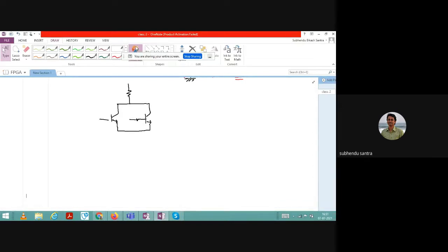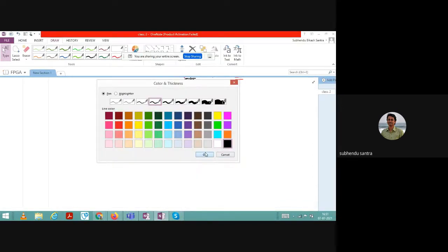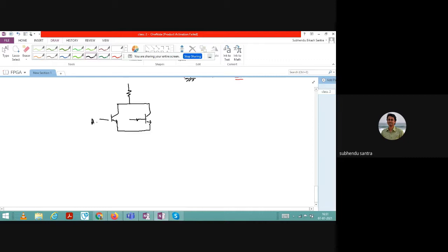Then I have here A and here B, these two inputs, and definitely plus VCC here, and let me make it a ground. So this is transistor Q1 and this is transistor Q2.